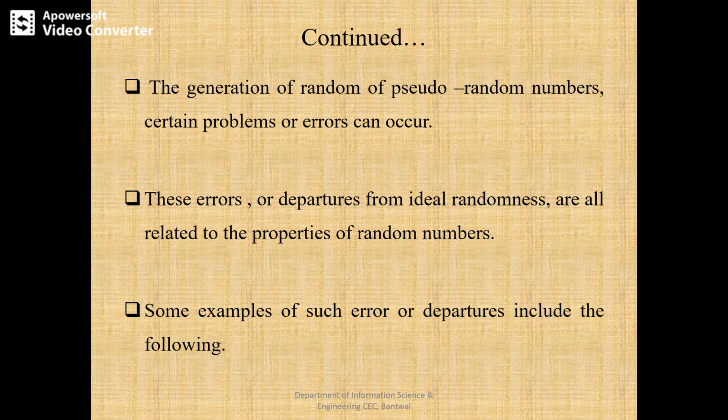In the generation of pseudo random numbers, certain problems may occur. These may be errors, or departures from ideal randomness, which are all related to the properties of random numbers. Some examples of such departures include the following.